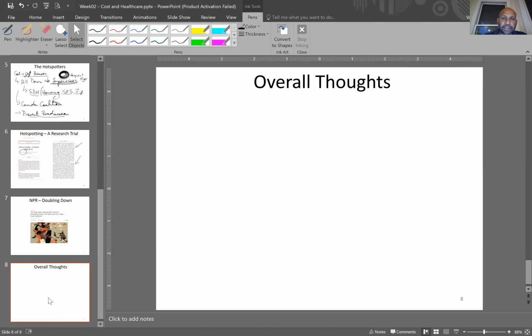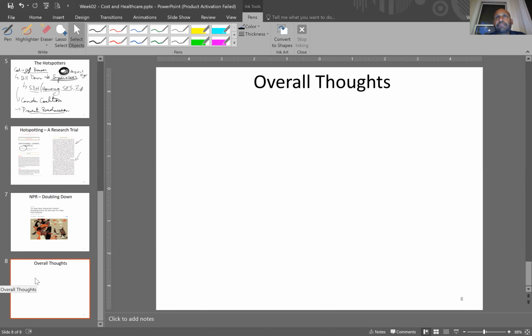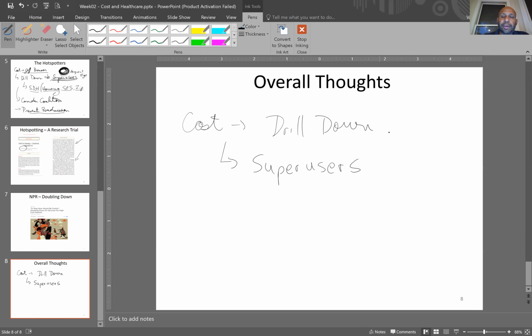And so let me provide some overall thoughts as I sort of close off this content. Really, the impact for cost, there are not as many factors. There's a handful of factors, as we saw earlier on in the lecture. But the notion of drilling down is key. Certainly, the term super user might be a bit more friendly.